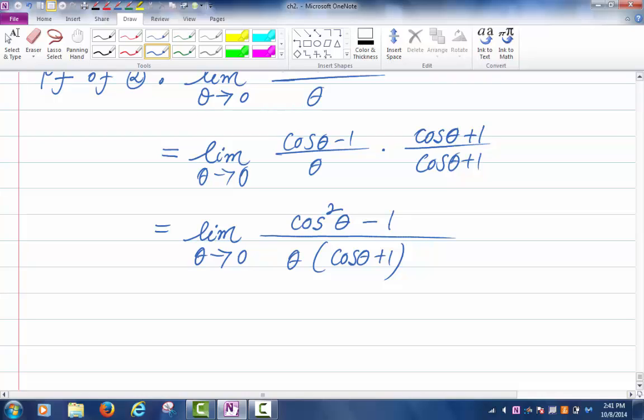Can you express the numerator in terms of sine? Remember this identity, sine squared of theta plus cosine squared of theta is 1, right? So from this, what is cosine squared of theta minus 1?